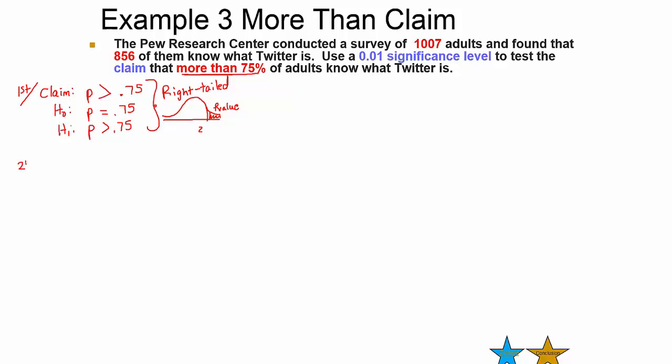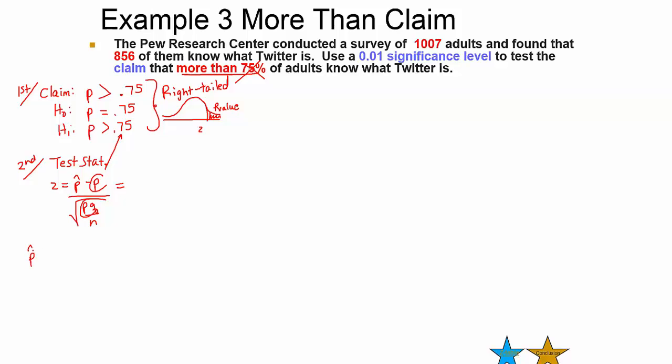Now we go right into the test statistic formula. Z is equal to p hat minus p divided by the square root of p times q over n. So we know that p comes from the claim, so our p is 0.75. P hat is the sample proportion, so I need to go back to the problem and either find a percentage that's not 75% or two numbers that I can divide.